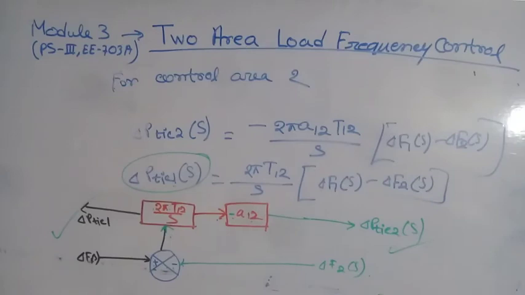Now let us turn our attention to area control error in the presence of a tie line. In the case of an isolated control area, area control error is the change in area frequency which, when used in integral control loop, forces the steady state frequency error to 0.